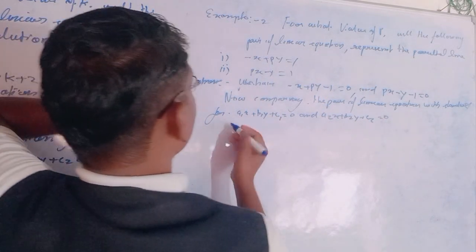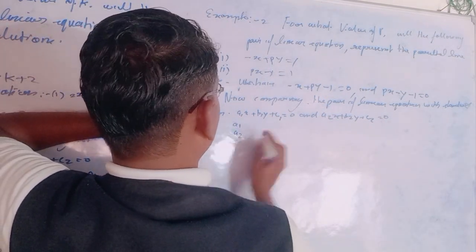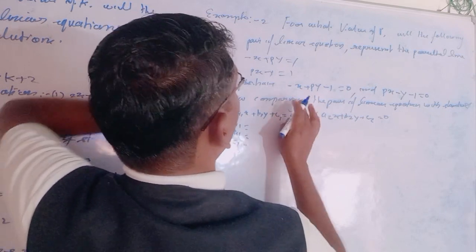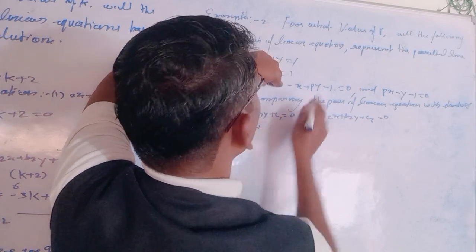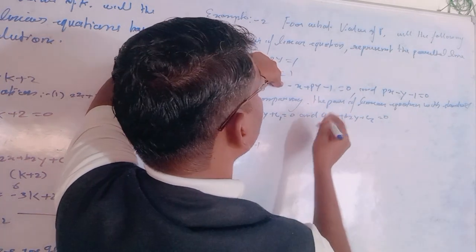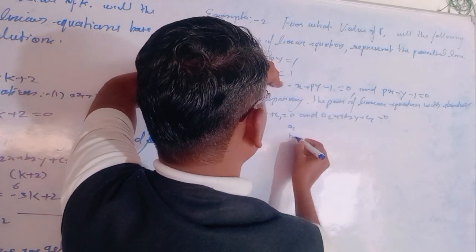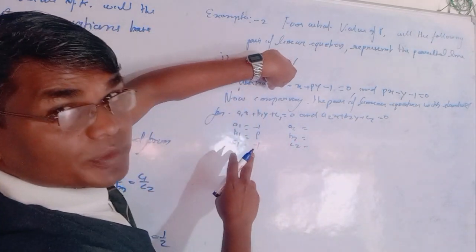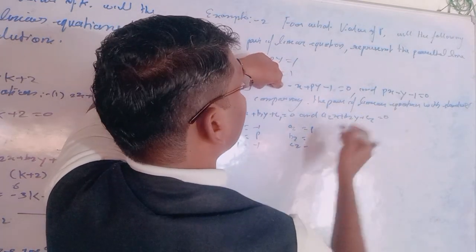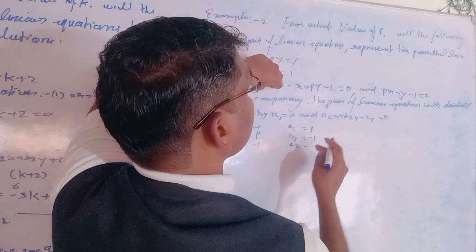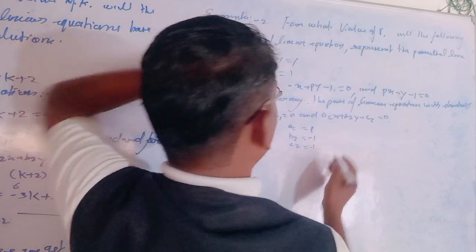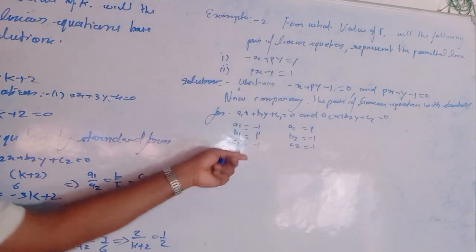So a1 is minus 1, b1 is p, c1 is minus 1. And a2 is equal to p, b2 is equal to minus 1, c2 is equal to minus 1. These are the values we have found and calculated here.